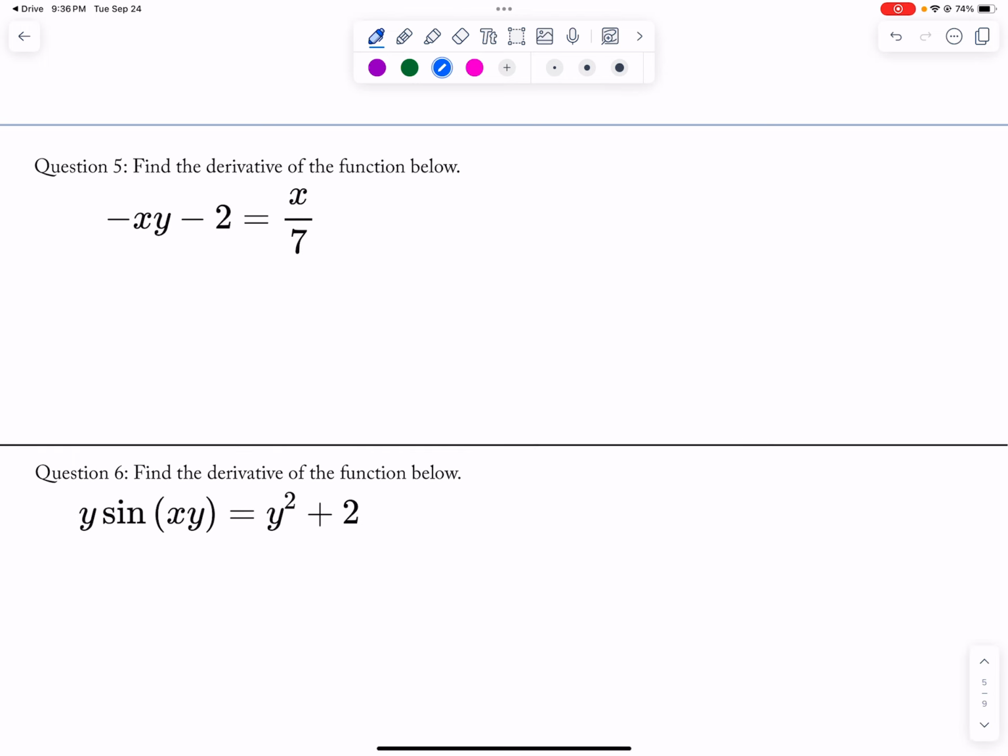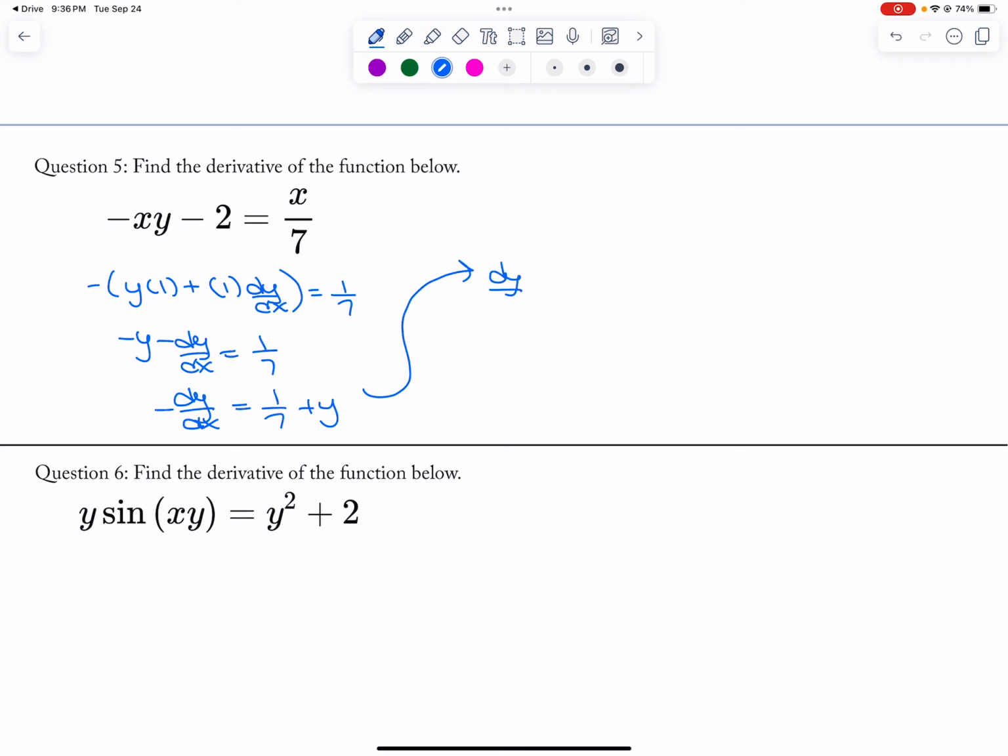Here again, product rule, so second times the derivative of the first plus the first times the derivative of the second. Minus 2 goes away, so then this is 1 over 7. So I have negative y minus dy/dx is equal to 1 over 7. So dy/dx, which is negative, is 1 over 7 plus y.